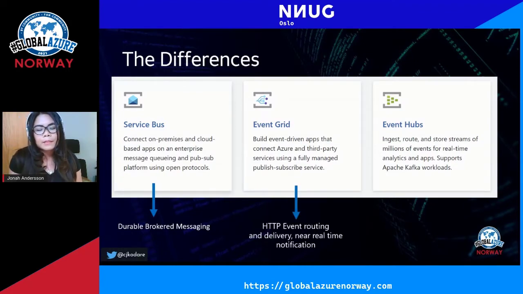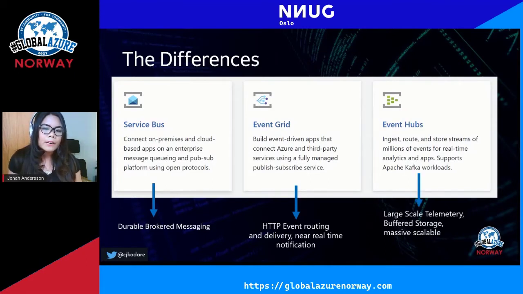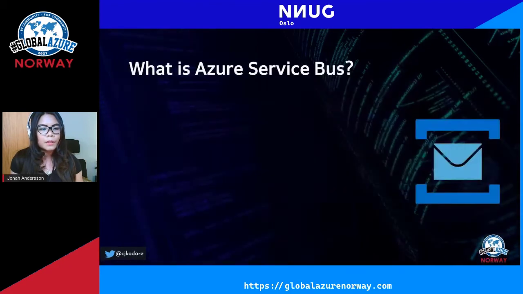Event Grid is commonly advisable for HTTP event routing and real-time notification. Event Hubs can be used if you have large scale, massively scalable telemetry that requires buffered storage. Even though the descriptions of the three are similar, these are the key points we can consider when choosing which one to use.